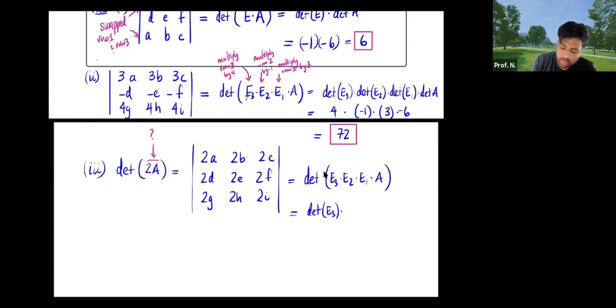But I already should know what's going to happen next. Each one of these matrices is equal to 2. So what do you get? You get 2 cubed times -6, which is -48.